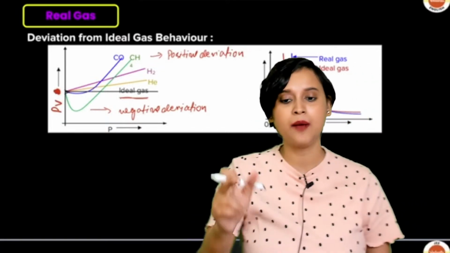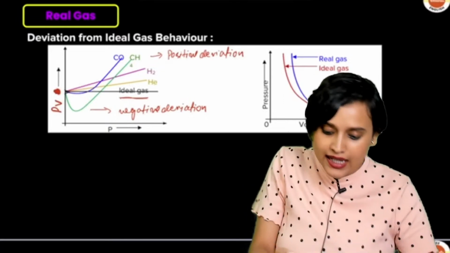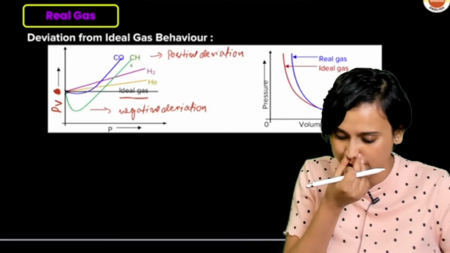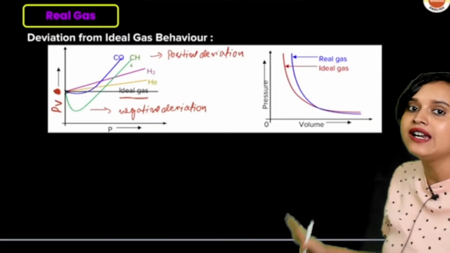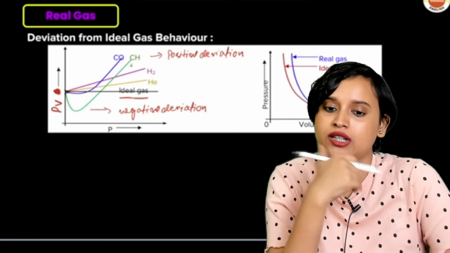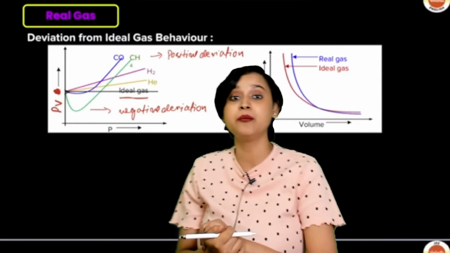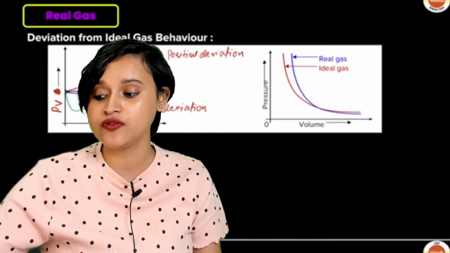See what is happening here. Let's talk about it in the next one. So you see a positive deviation and a negative deviation, right? Now, why are they happening? I just told you that we made mistakes when we wrote the kinetic theory of gases.